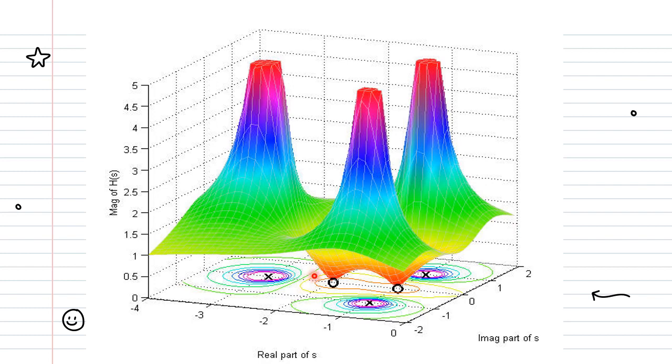So we can see that when we have zeros over here, this is what happens to our specific function. It goes like this, goes down. And when we have poles, it's as if we got mountains. They look like mountains over here, and they have a little hole there. So we said that the poles here are kind of holding the surface just like a real life pole might do.